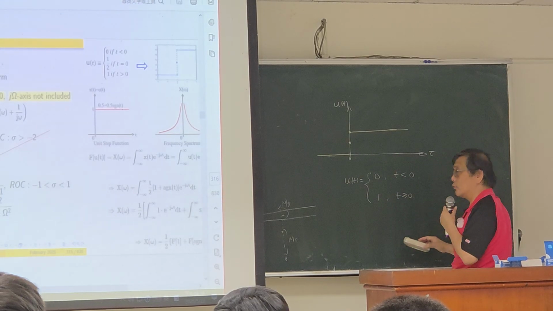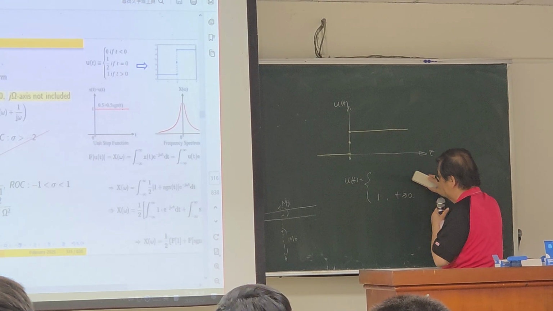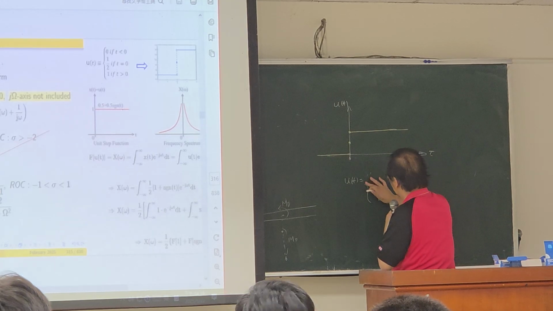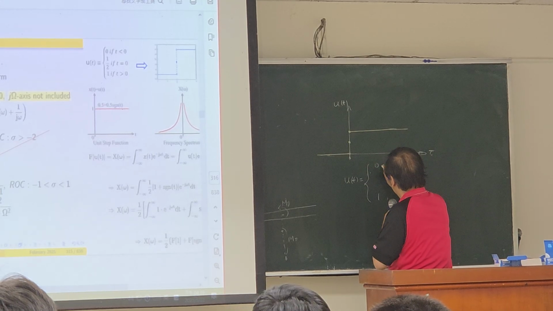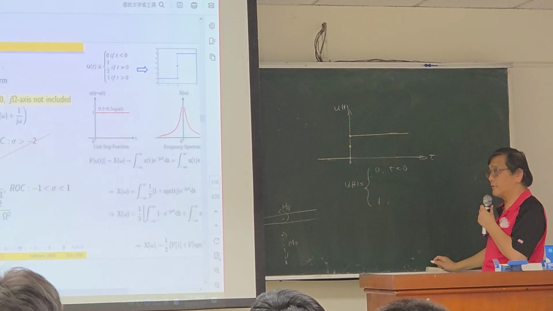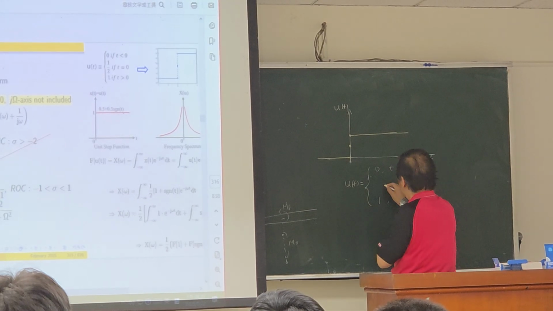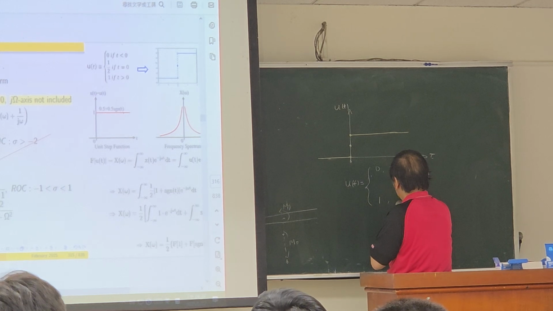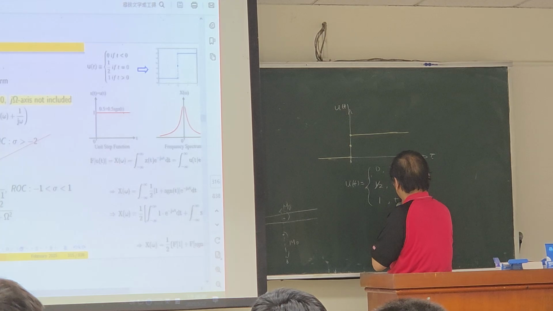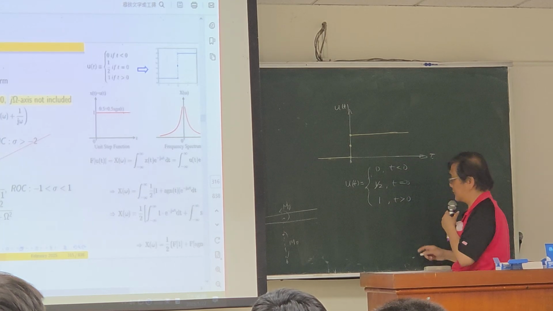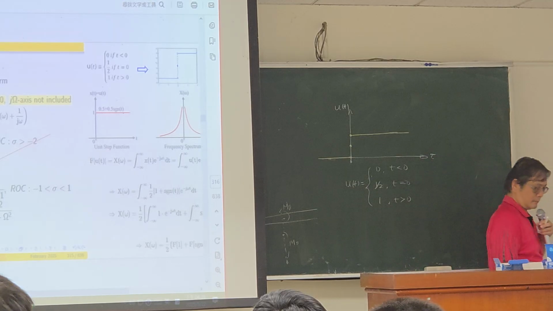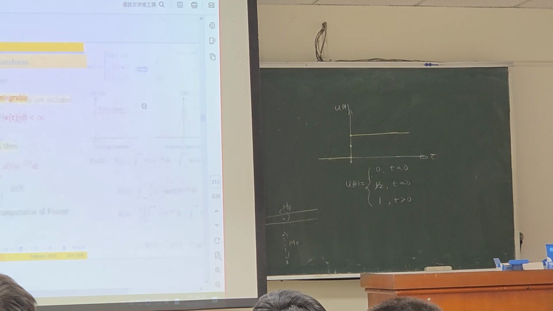So we modify this: when t is smaller than 0, u of t is 0. When t is equal to 0, u of t is 1 half. When t is bigger than 0, u of t is 1. So here we have a midpoint.